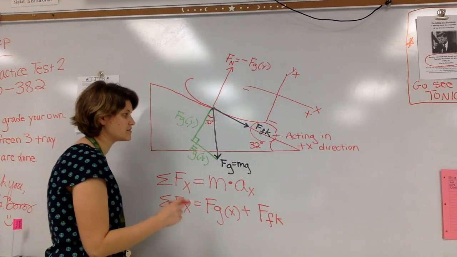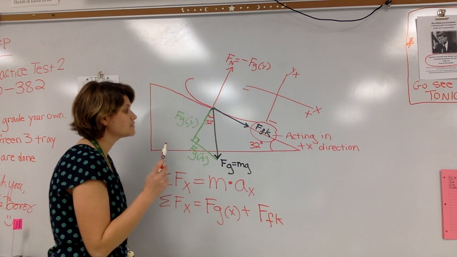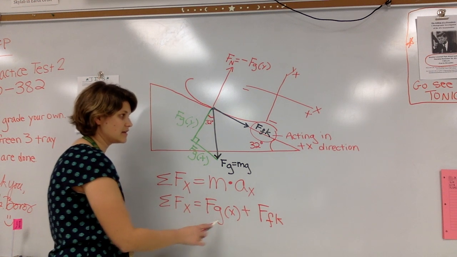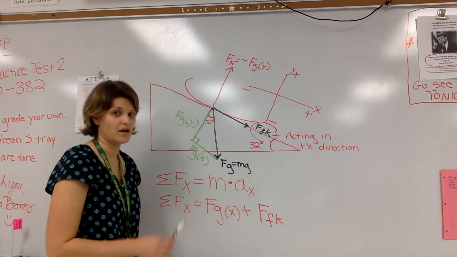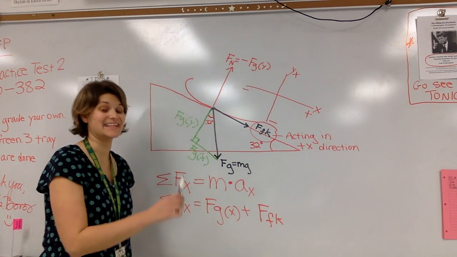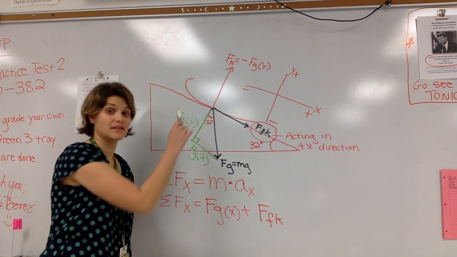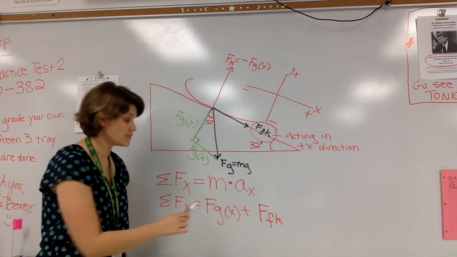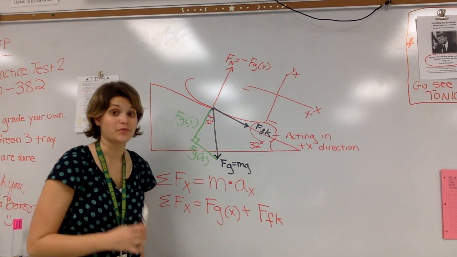So when you're putting these two together, please notice that the force of gravity and the force of friction are both acting against the sled to try to slow it down. So these two things are actually both positive.